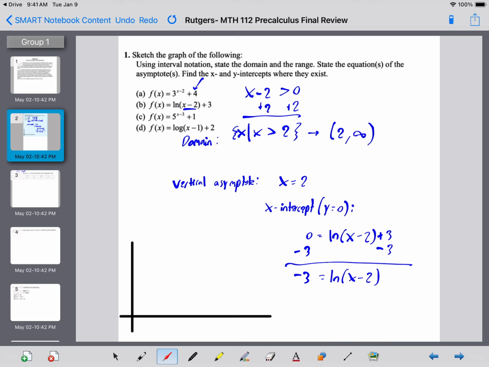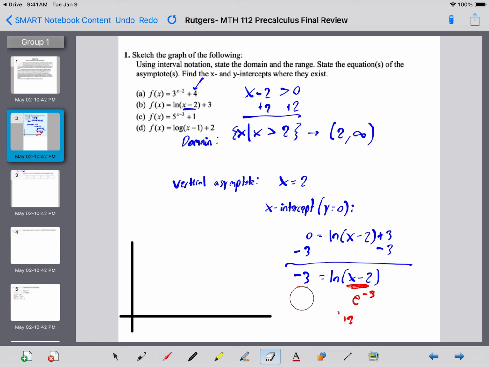You know that in order for ln of x minus 2 to equal negative 3, the argument has to equal the base, and ln's base is e, to the negative 3. So you could say x minus 2 equals e to the negative 3, and then just add 2, and that's your answer.